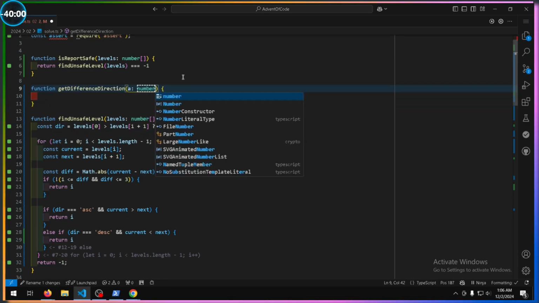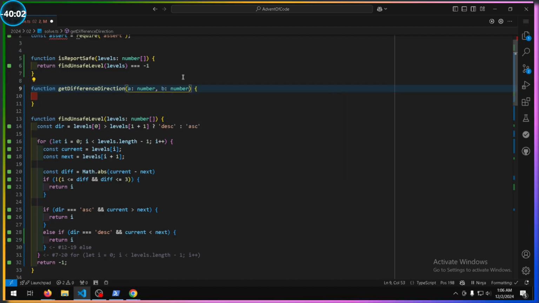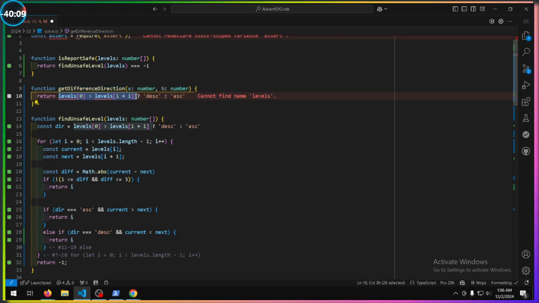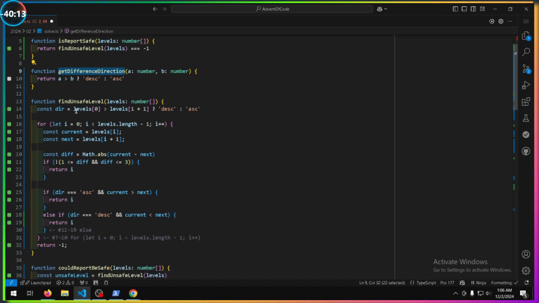Takes a number a, number b, and returns a greater than b, descending, ascending. So the great thing is here we can now do this. We love that.